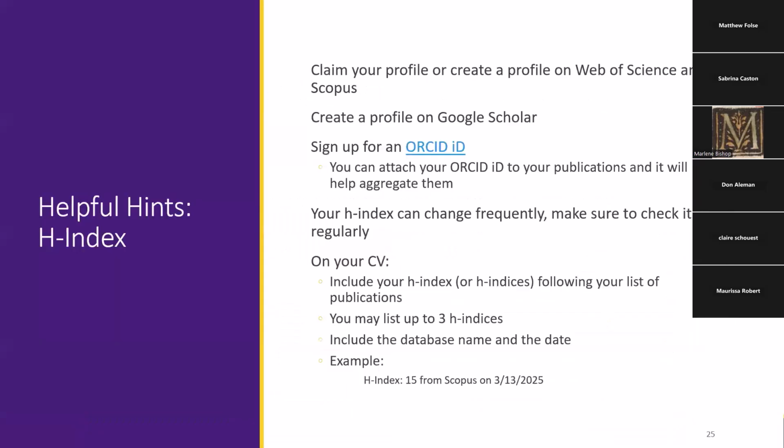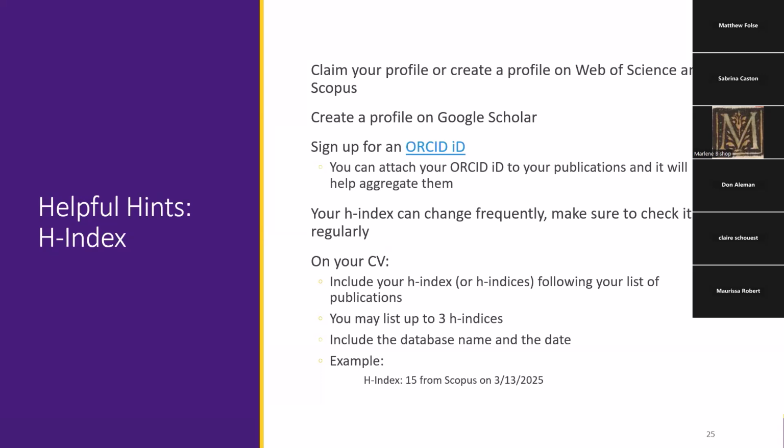Some helpful hints. Again, claim your profiles in Web of Science and Scopus. Create a profile on Google Scholar. That's the best way to get a good, comprehensive H-index. Sign up for an ORCID ID. It's really easy.